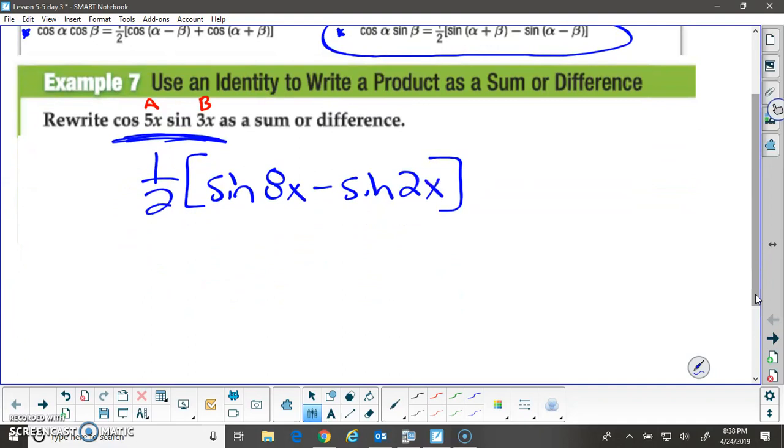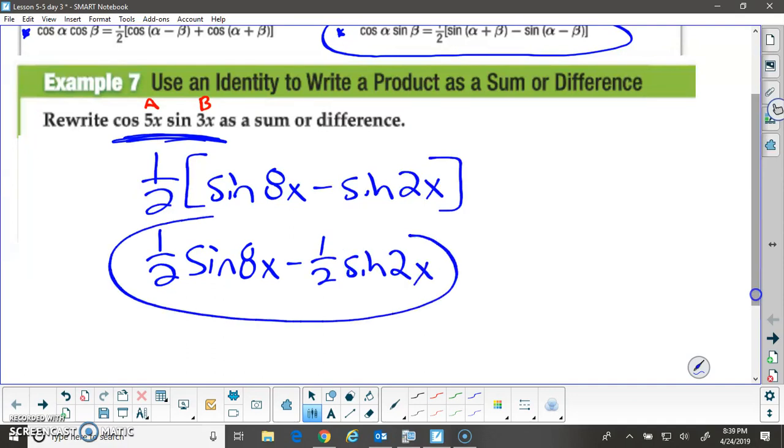Last thing I'm going to do is just distribute the 1/2 and get the expression 1/2 sine of 8x minus 1/2 sine of 2x. Pretty simple formula to use.